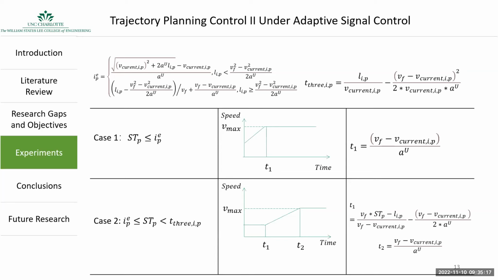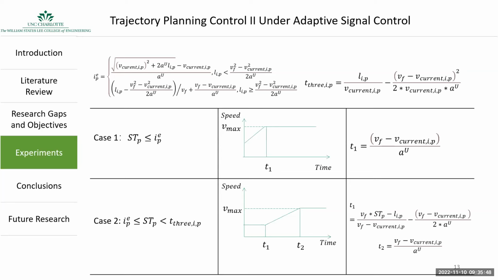For example, in case 1, if the earliest arrival time is greater than the green start time, which means it turns green earlier than its arrival, the vehicle can just accelerate as fast as possible, since the signal is going to turn green earlier. So that's why you can see the segmentized speed trajectories.